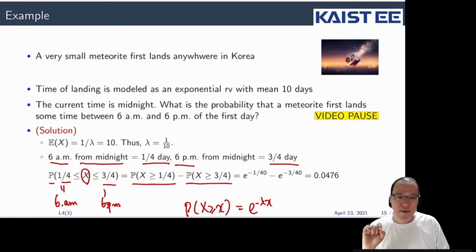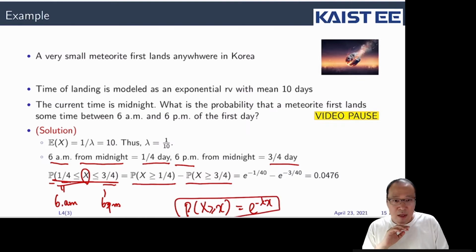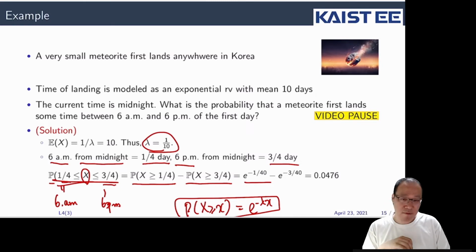And that is equal to the probability that X is between 1 over 4 and 3 over 4. Using this equation, that's e to the minus 1 over 40 minus e to the minus 3 over 40, because lambda is 1 over 10. Okay, and if you run the calculator, then you can get this probability.